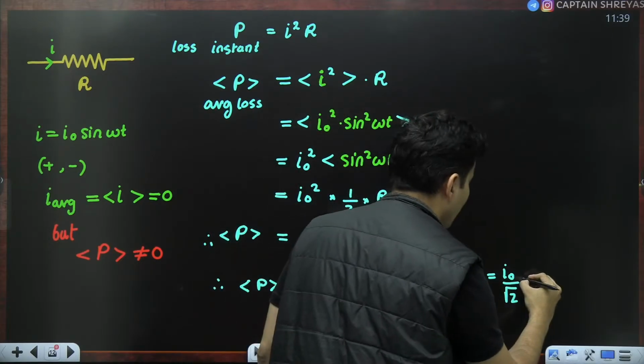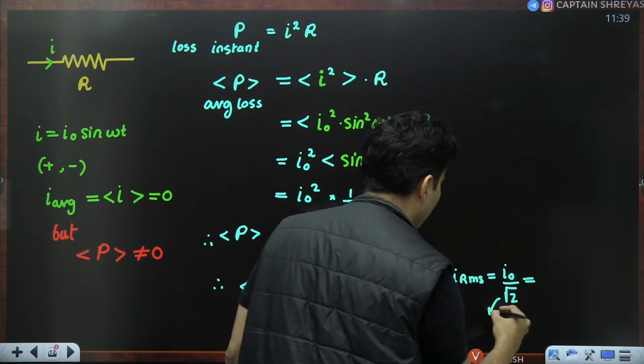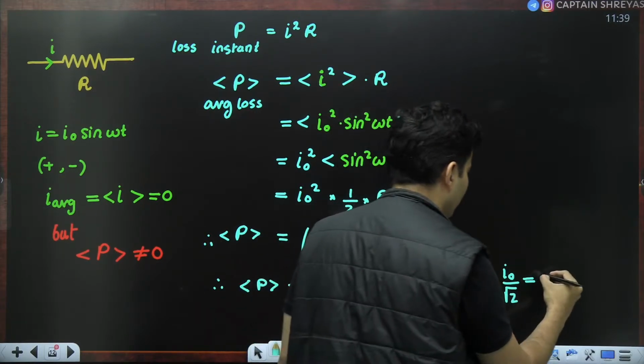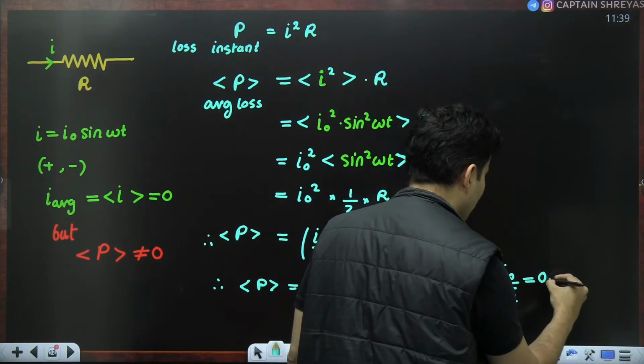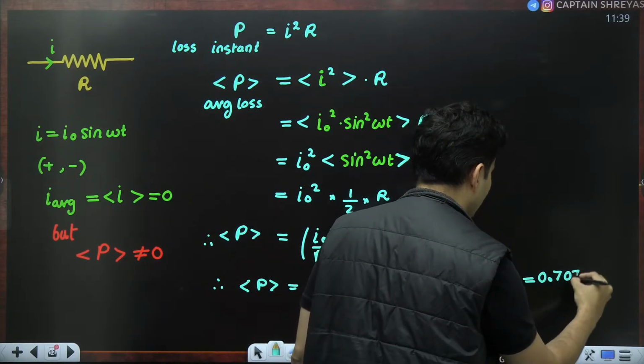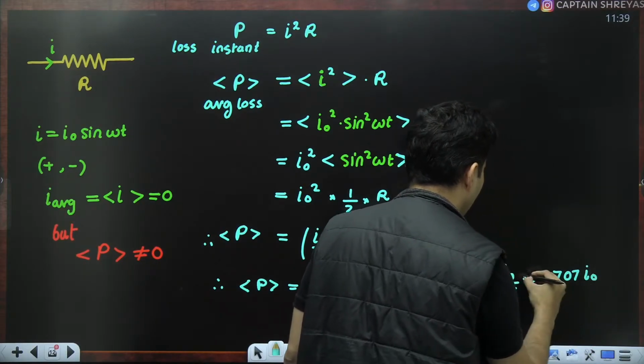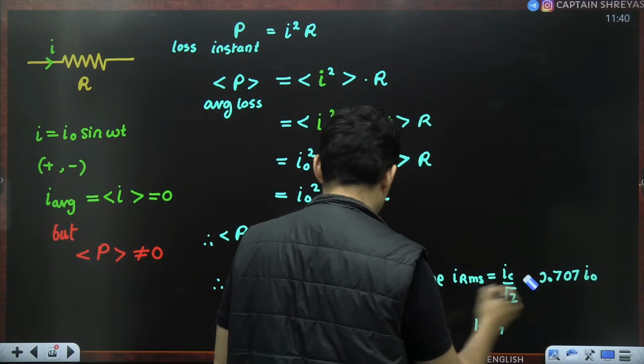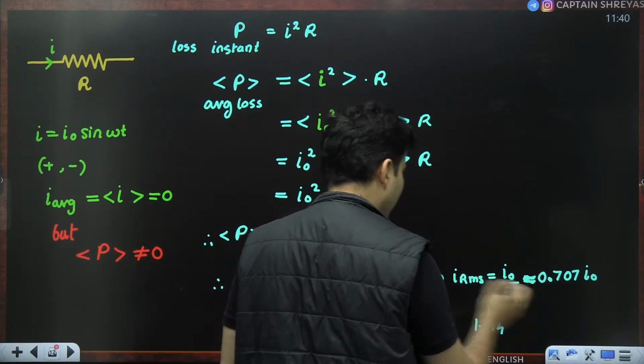Maximum by root 2. 1 by root 2. Root 2 value is approximately 1.414. If you take 1 by 1.414, you will approximately get 0.707 times I naught. This is the approximate value that you get. Yeah, this is something again you should be aware of.